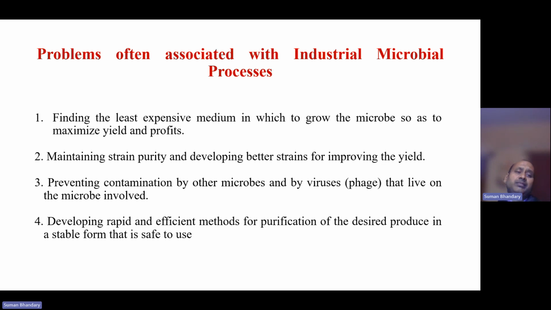The third problem is preventing contamination by other microorganisms and mostly by viruses, mainly phage viruses, because they live on the microorganisms that we are involving in the fermenter for the industrial processes. That is why the culture media we are using here must be sterilized prior to being inoculated with the desired organism, and purity must be maintained throughout the production process.